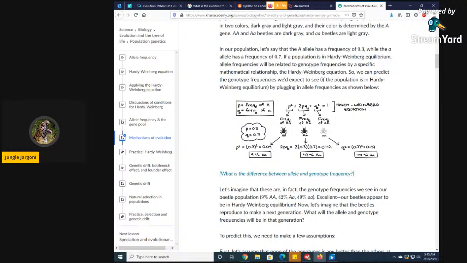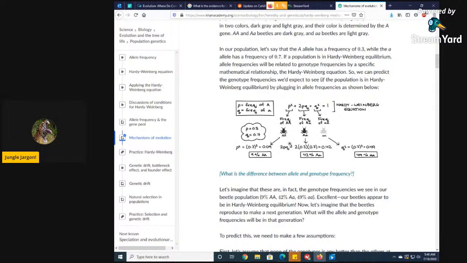If a population is in Hardy-Weinberg equilibrium, allele frequencies will be related to genotype frequencies by a specific mathematical relationship, the Hardy-Weinberg equation. So we can predict the genotype frequencies we'd expect to see if the population is in Hardy-Weinberg equilibrium by plugging in allele frequencies as shown.